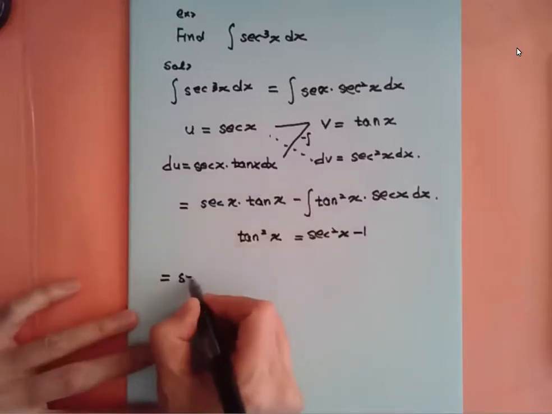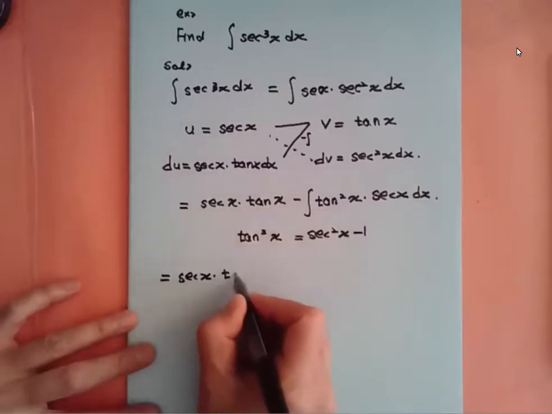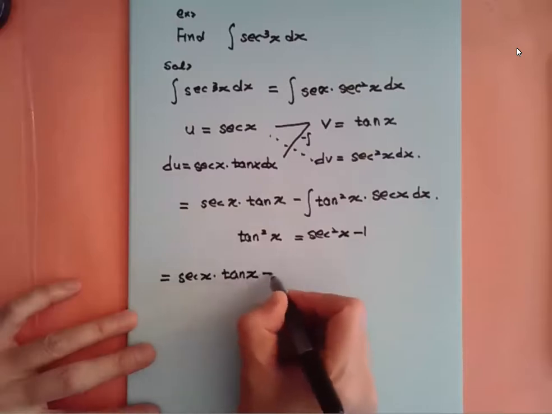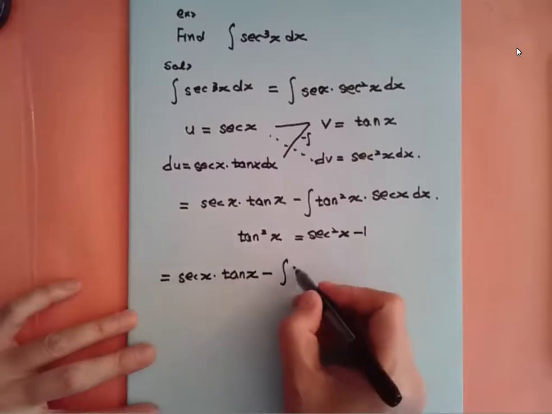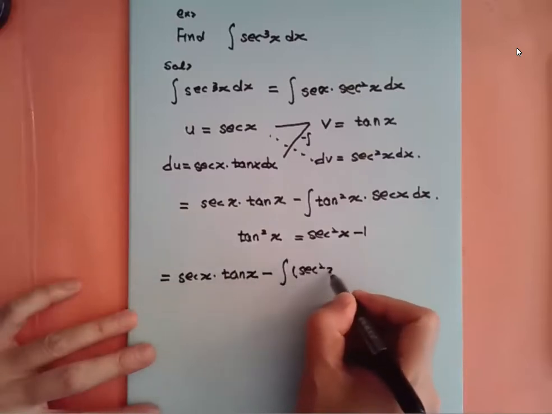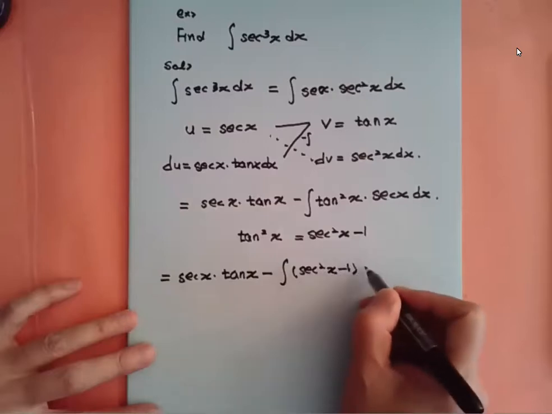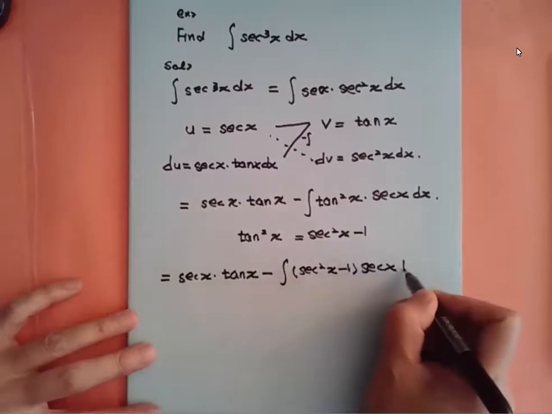So that is secant of x times tangent of x minus the integral of tangent squared, which is secant squared of x minus 1, times secant of x dx.